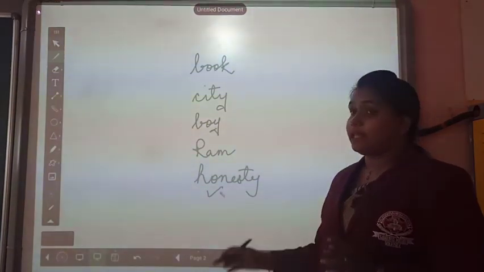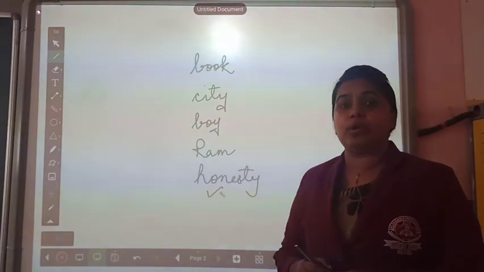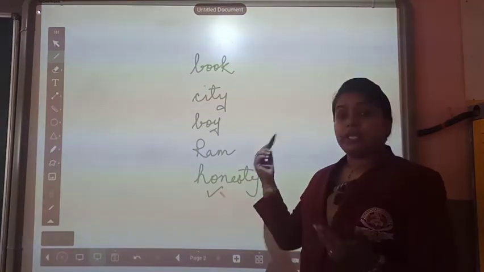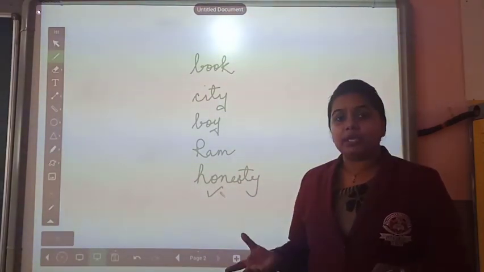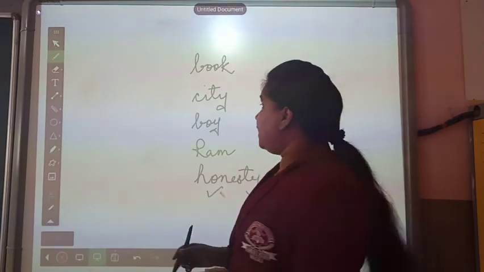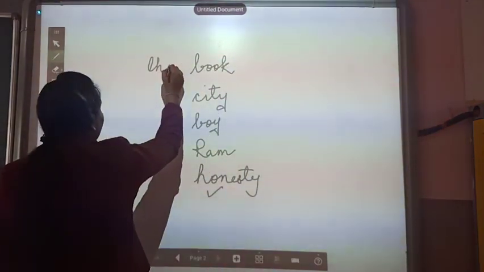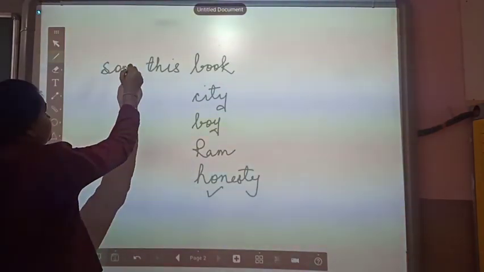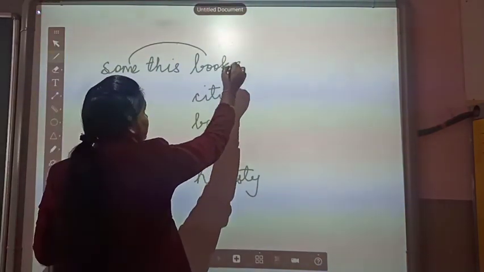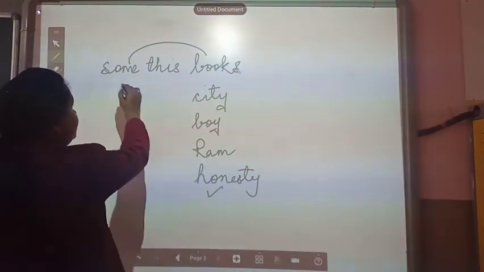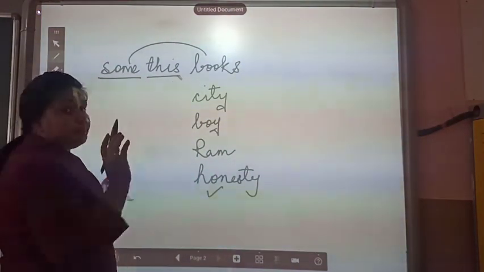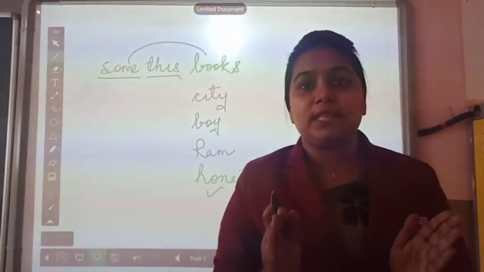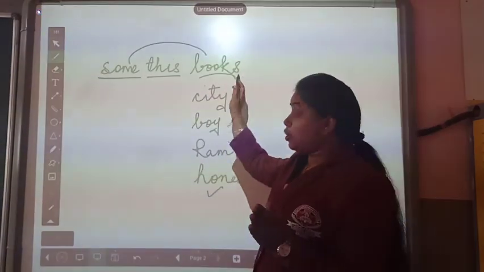When I say the word book, what is being understood? That I am speaking about a book in general, any book. But if I say this book, or if I say some books, then this or some is specifying, limiting, or, as I told you, fixing the noun I am talking about.